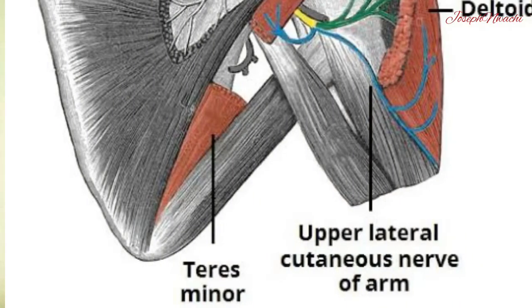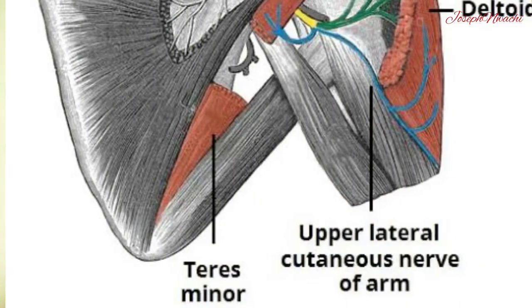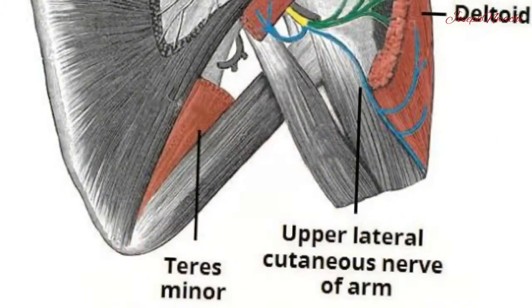Moving forward, let's now talk about the motor functions of this axillary nerve. Like we said, it innervates the teres minor muscle and the deltoid muscle. This is the basic muscle that it innervates.